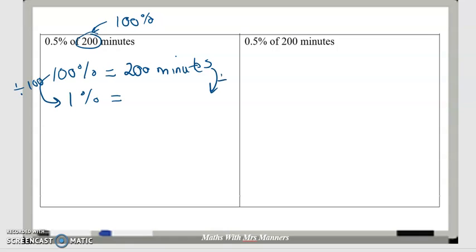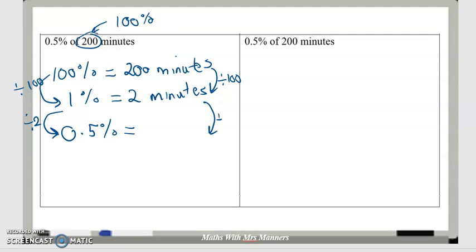If I divide 200 by 100, I would just get 2 minutes. And now I'm very close to the final answer, because 0.5% would just be half of a whole percent. So if I divide the 2 minutes by 2, I will get 1 minute. So 0.5% of 200 minutes is 1 minute.